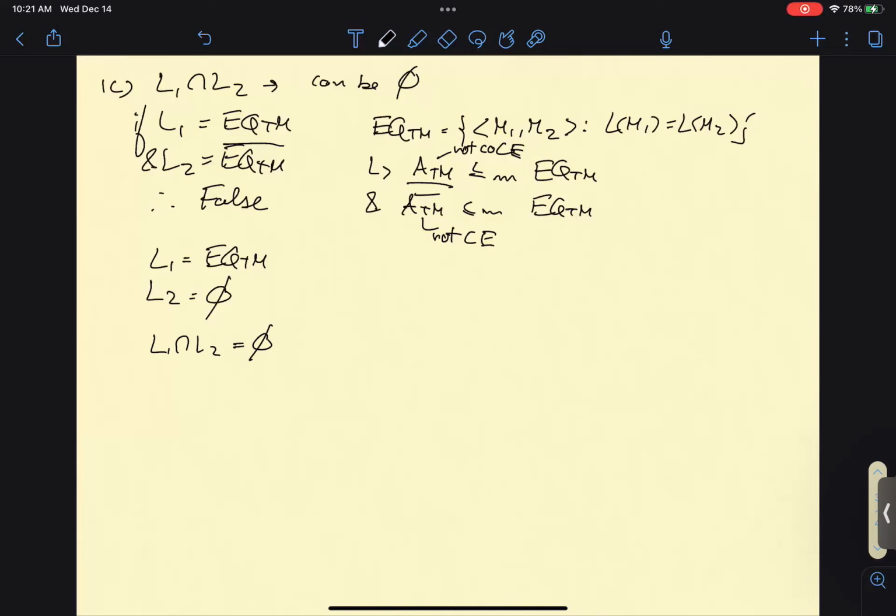What do I want to do next? Okay. So the next question I'm going to do is 15. I'll do the reductions after. So 15 says L1, L2.